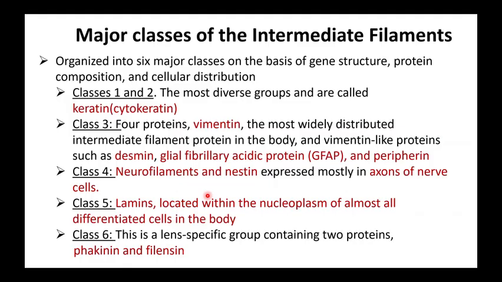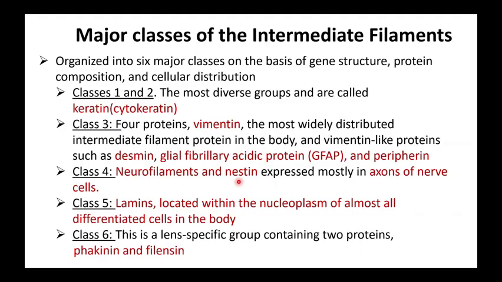Now, if you look at neurofilament and nestin, they are present in axons. Now, if you see a pathology having keratin, is it coming from neuron? If you see a tumor having nestin or neurofilament protein, it's a neuronal origin. You see that you can differentiate.